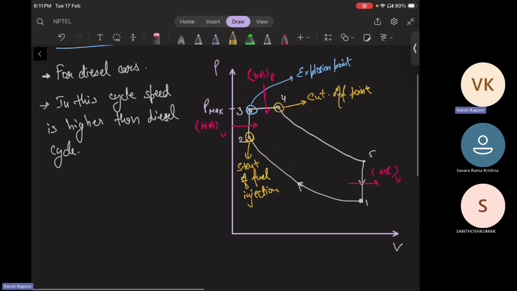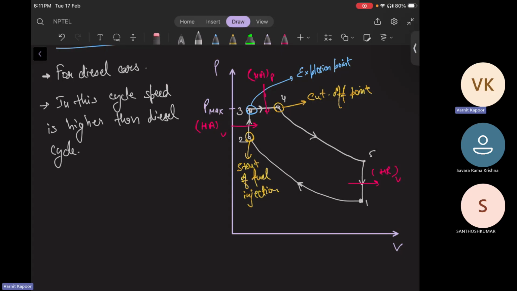So these are all the points and the arrows of the cycle, clockwise, and it's a work producing device, so we generally mark it with the clockwise direction. You might have studied this in thermodynamics. So first the terminology will be compression ratio.